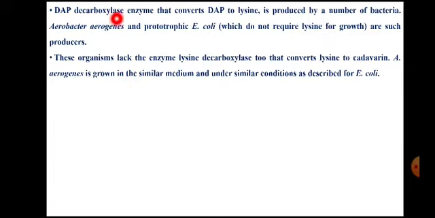The DAP decarboxylase enzyme that converts DAP to lysine is produced by a number of bacteria, and these bacteria are then used in the second half of fermentation. So in the first half of fermentation, bacteria like auxotrophic E. coli are used, which can synthesize only DAP, and in the second step the microorganisms are used which can convert DAP to lysine. Such bacteria are Aerobacter aerogenes and prototrophic E. coli.